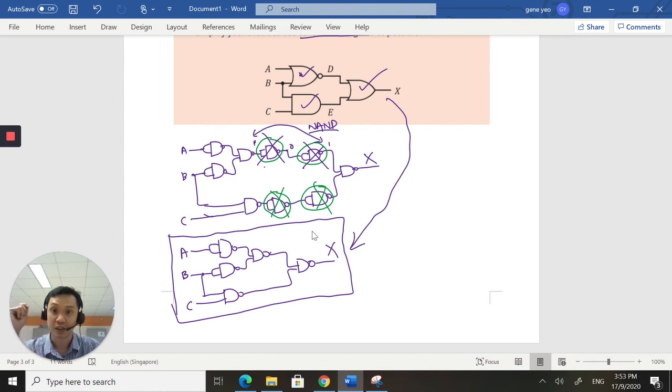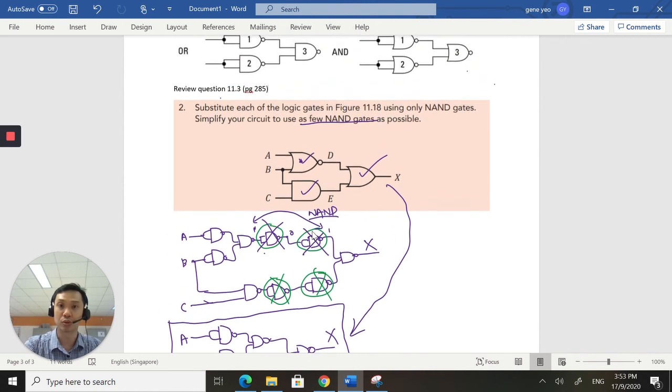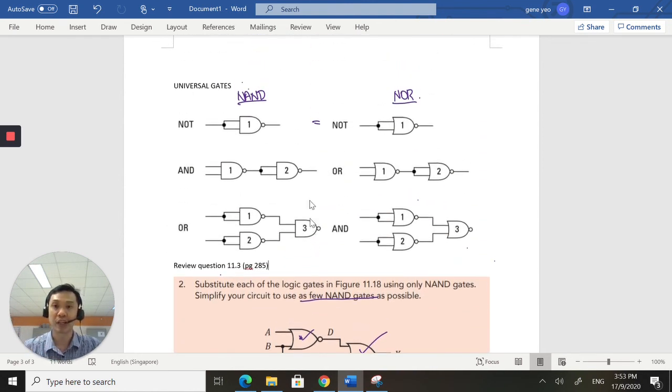Okay, so I hope you know how to summarize. You must know universal gates are gates that can be used to form other gates, any other gates. You must know how to draw NOT, AND, and OR using NAND universal gates. You must also know how to draw NOT, OR, and AND using NOR universal gates.